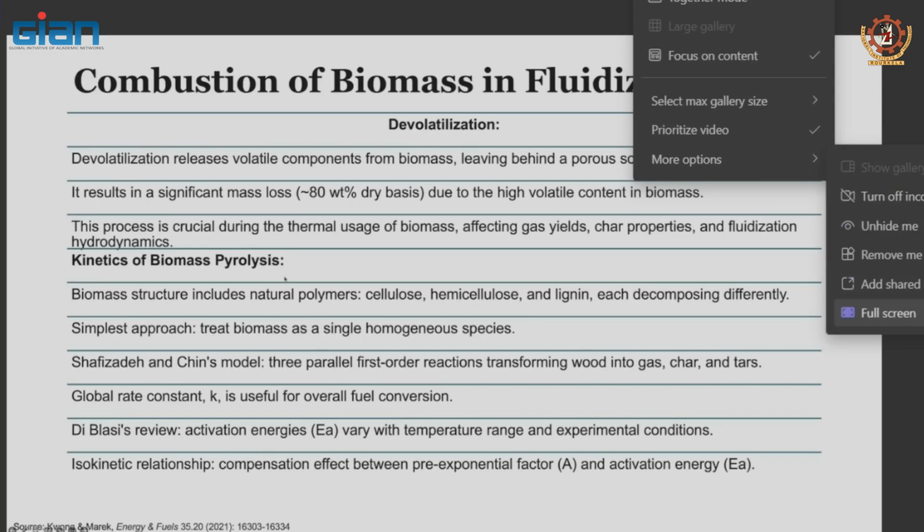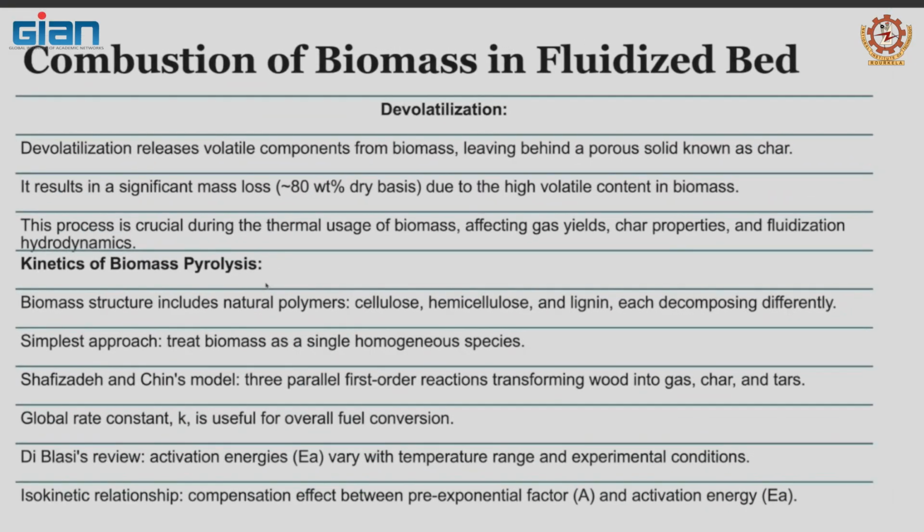Then how do you control the kinetics? How do you determine the kinetics of biomass and pyrolysis, of course, initially? In any biomass, it is not a homogeneous thing. It's not just this or that. It is quite heterogeneous and includes natural polymers, cellulose, hemicellulose, and lignin, and they each decompose differently.